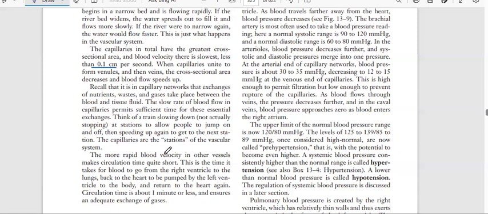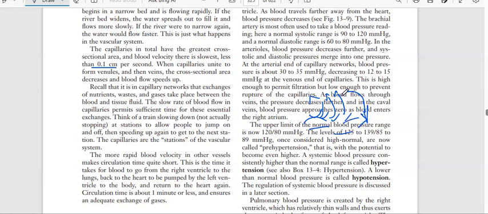So basically, in the capillaries the blood flow decreases because we have to send all the needed material to the cell, and we have to take off all the unwanted material from the blood. That is the reason blood flow in the capillaries decreases.